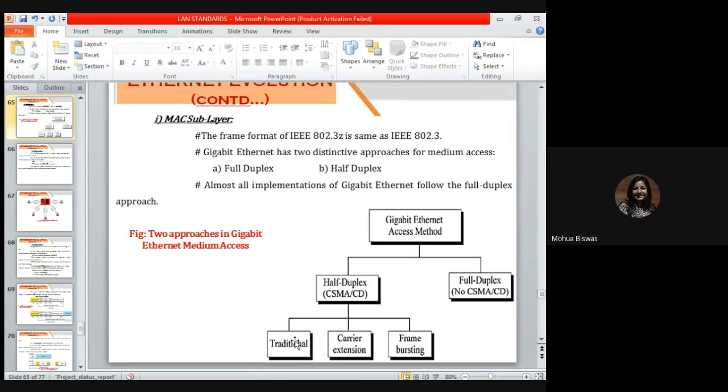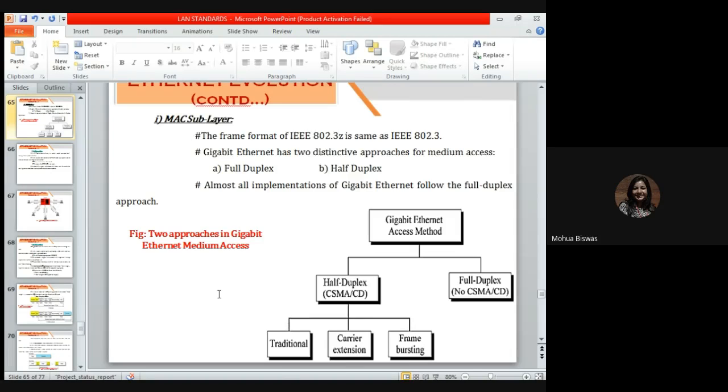In the traditional method, the data we transmit should fulfill the minimum frame length of 512 bits. Whatever frames you are transmitting, it should fulfill that.